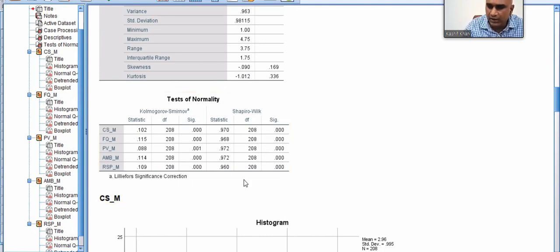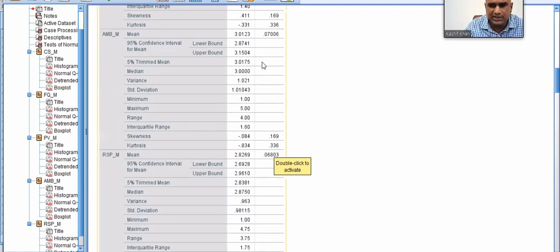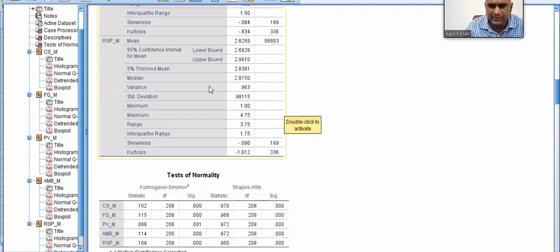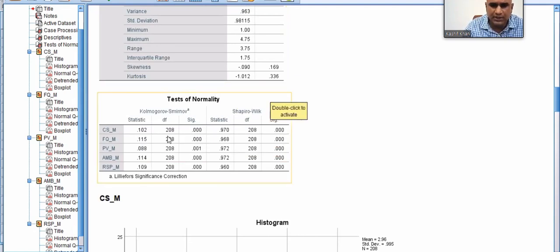On any scale, even though skewness and kurtosis here show that our data is normal, if you remember, usually if the significance value is less than 0.05, it's good. That means we usually accept our hypothesis in various other ANOVA, regressions, or even in structural equation modeling.